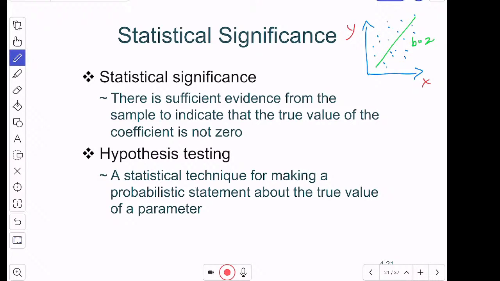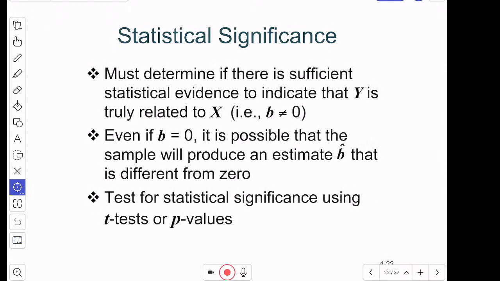So we have to conduct a hypothesis test, which is a statistical technique for making a probabilistic statement about the true value of a parameter. And what we focus on is whether there's sufficient evidence to suggest that B is not 0.